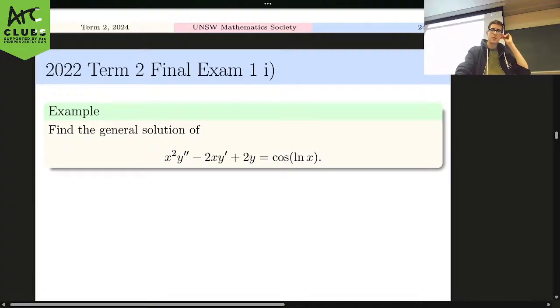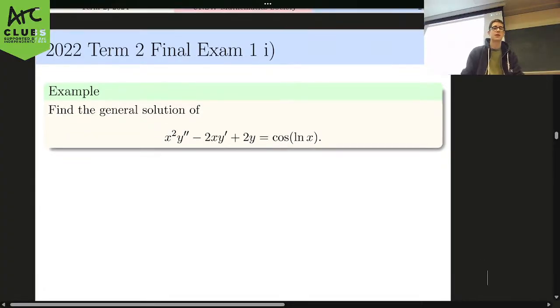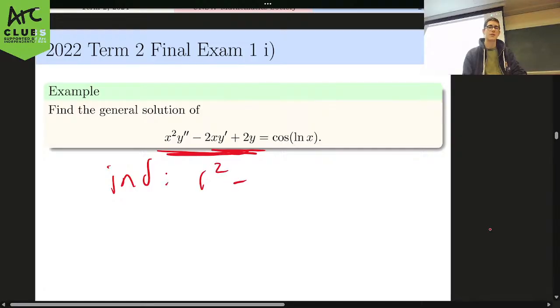So now an example here. In this case, let's solve the homogeneous part of this Euler-Cauchy equation first. So the indicial equation is r times r minus 1 minus 2r plus 2.